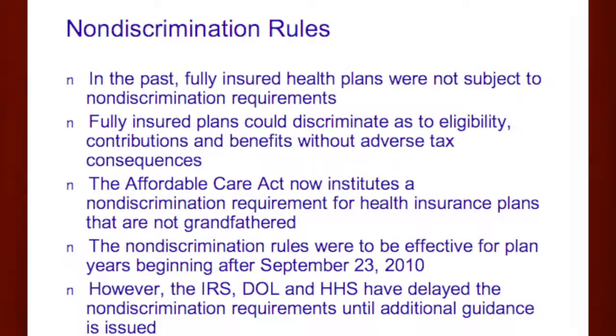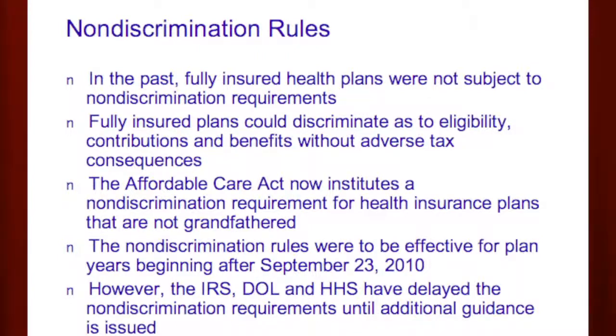But the government has already said, and this also makes me nervous, the IRS, the DOL, and the Department of HHS have all said we're deferring that non-discrimination requirement until we issue final guidance. My first question is, why do 3 government agencies have to be involved? That tells you that the cost of administering this is going to be significant.